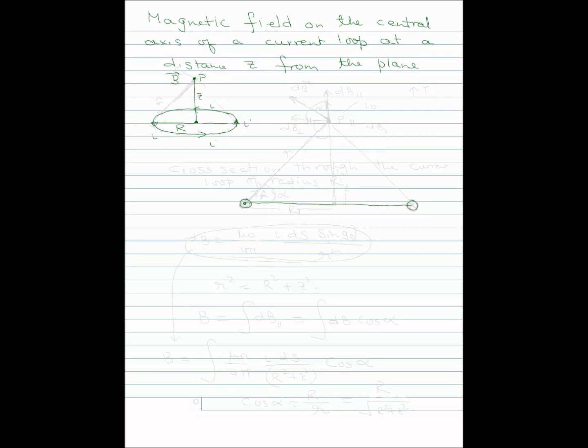This point here will have a current going away from us. And this is the radius R. So basically, I'm looking at a cross-section through the current loop of radius R.